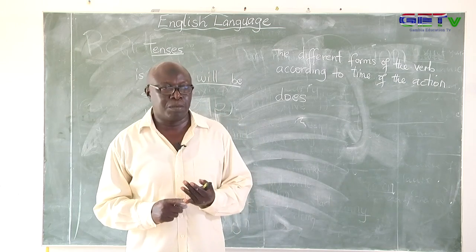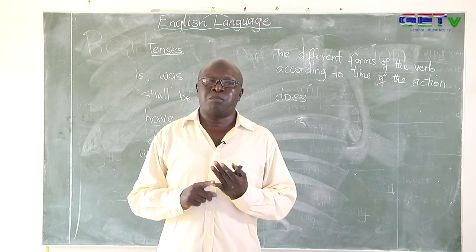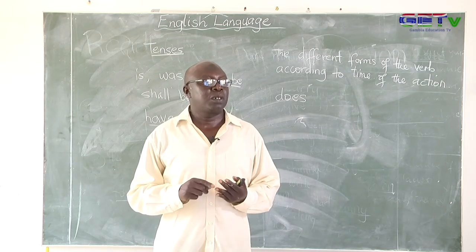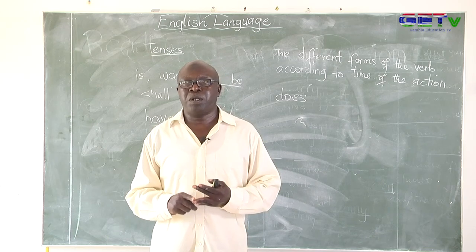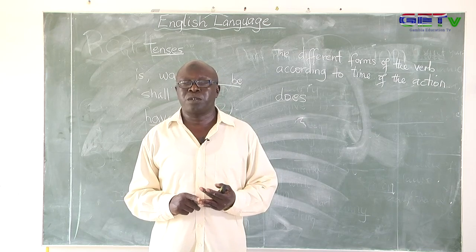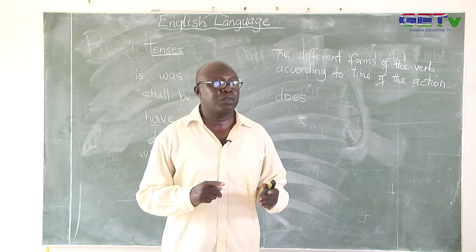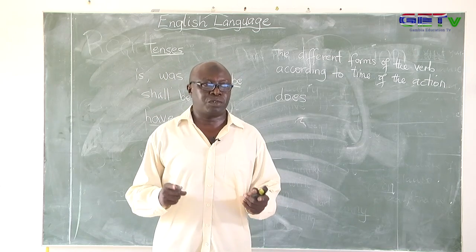The action that happens can be in the past, we call it past tense. It can also be in the present, we call it present tense. It can also be in the future. Those are the three times of the verb that we studied.